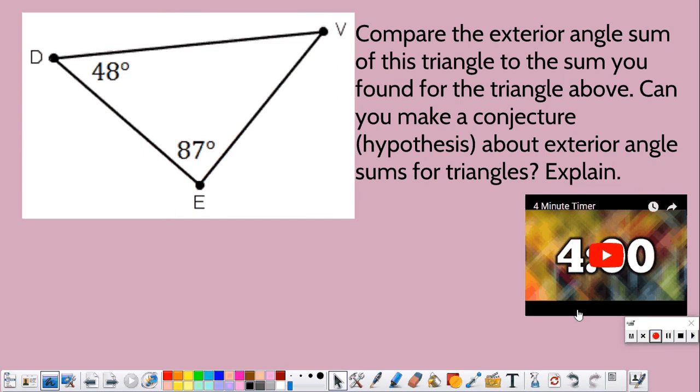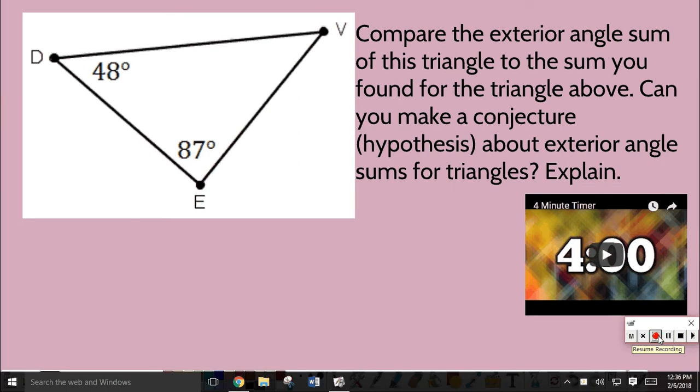Then I want you to make a hypothesis about every triangle, about every exterior angle sum of a triangle. So what are you doing first? Nope, that's last. First, find the interior angles. 2, find the exterior angles. 3, write a hypothesis. All right, ready, go.